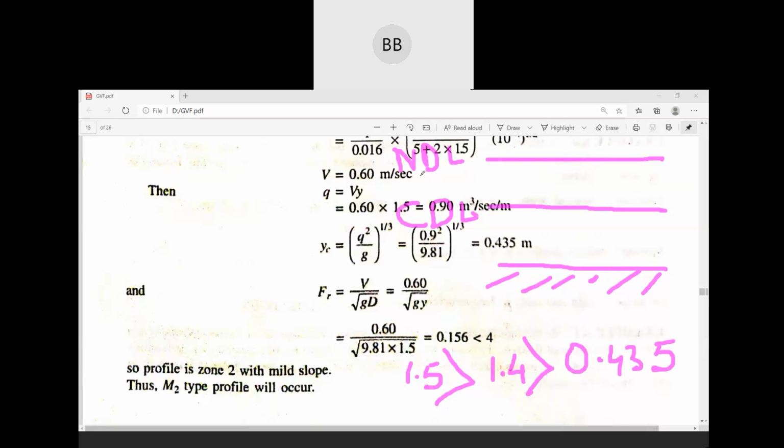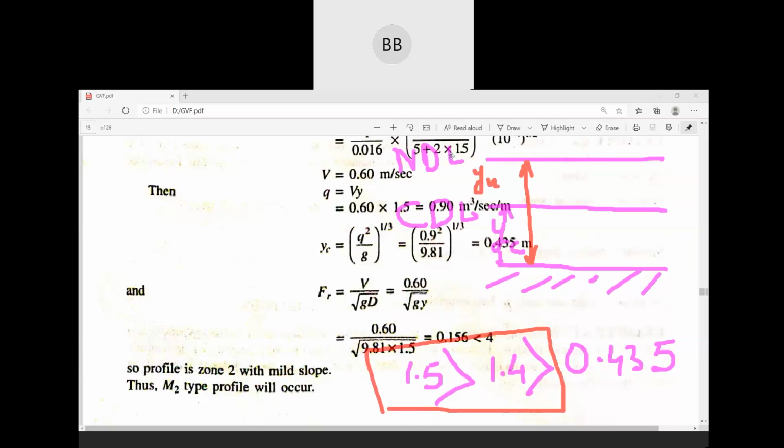For mild slope, your NDL, that is your normal depth, is greater than yc. This is your yc, and this is your yn value. This is your 1.4, or 1.5, whatever you want to consider. Initially it is 1.5.